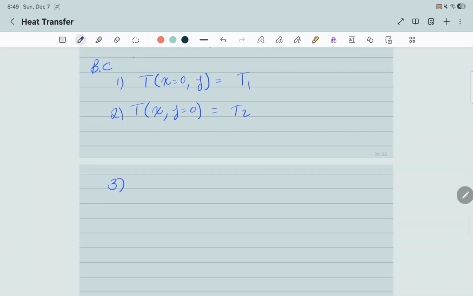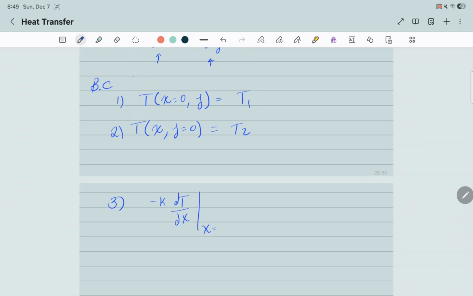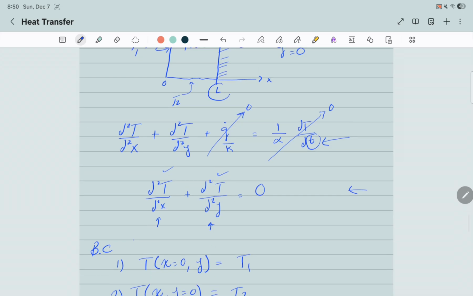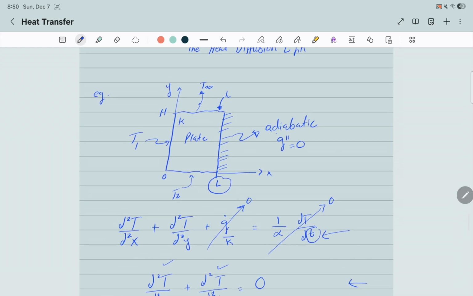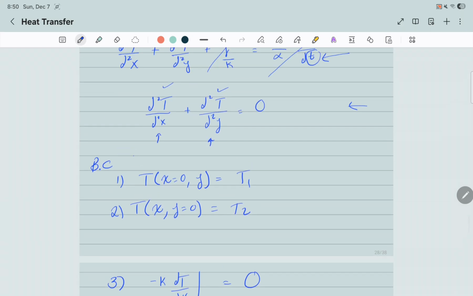So we can say that negative k dT/dx at x equals L, the heat flux is 0. The fourth boundary condition is that the heat flowing out is by convection.